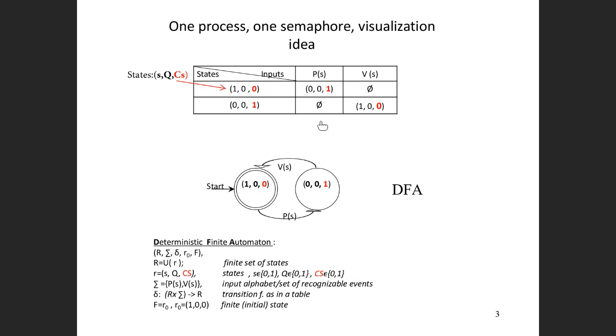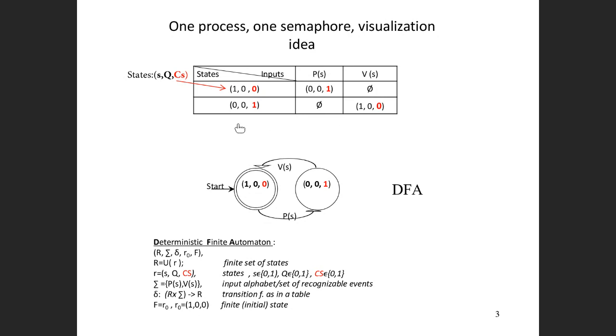So this is why we have this table. In the table, you can see that if the state is 1,0,0, and if P of S is coming, at the crossing of the first row and first column, we have the change of the state to 0,0,1. Obviously, if the process is not in the critical section, it cannot execute V of S. So this combination is not possible. This is why you have the symbol of void.